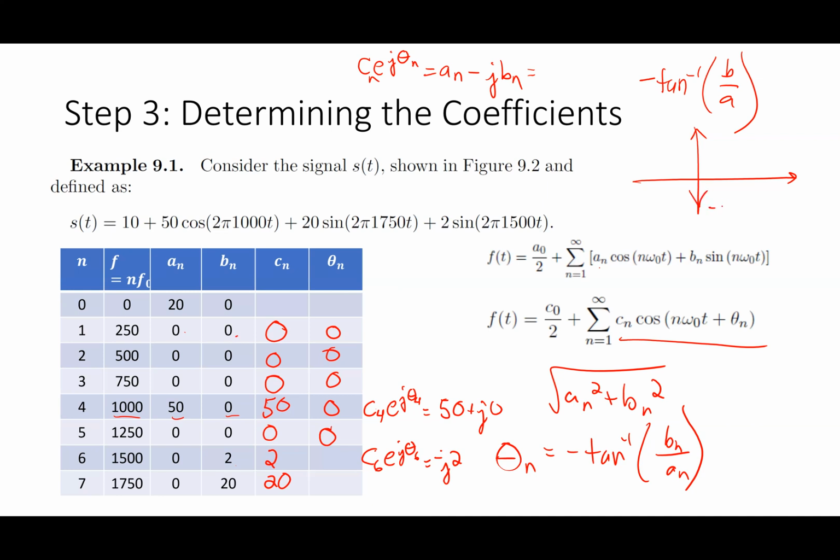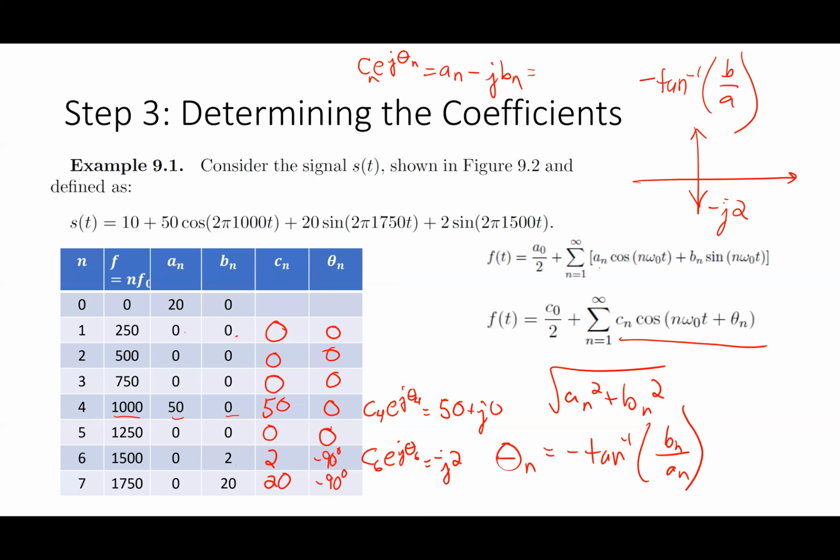Straight down. What's the angle of something that points straight down? Negative 90. Then same thing for the last one. It's not that hard to walk through and follow that process. What about the DC term here?